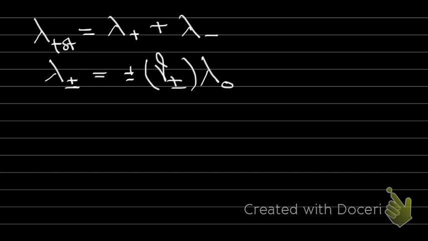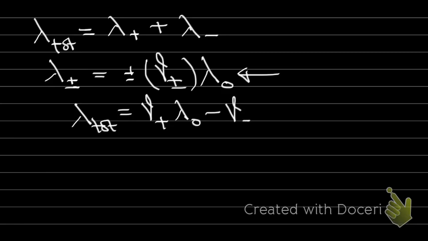So with this in mind, we can write our total charge density as follows. First I'm going to use this for the plus, and then for the negative lambda. So for the plus, I would have gamma plus lambda naught. For the negative lambda, I would have negative gamma minus lambda naught, right? Of course.